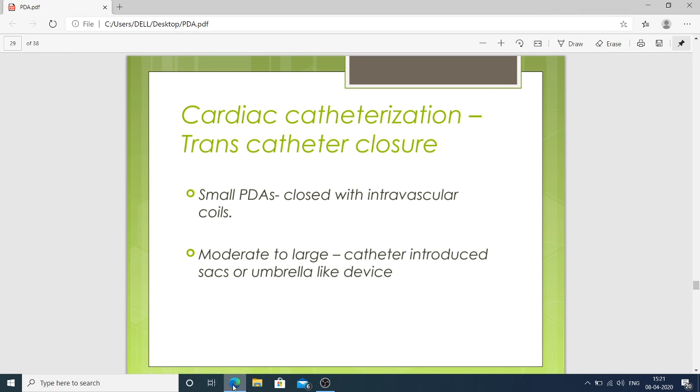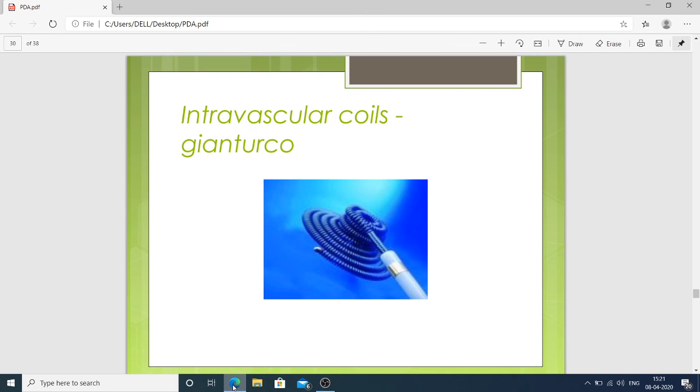Then cardiac catheterization, transcatheter closure. Small PDAs are closed with intravascular coils; for moderate to large, a catheter introduces sacs or umbrella-like devices.